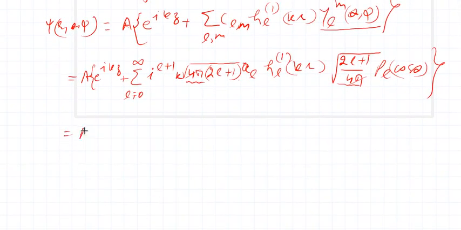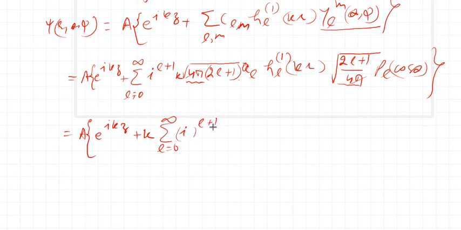So it is A e raised to power i k z, plus k outside, summation L varies from 0 to infinity, i raised to power L plus 1, (2L plus 1) as it is, A_L h_L^(1)(kr) P_L(cos theta).